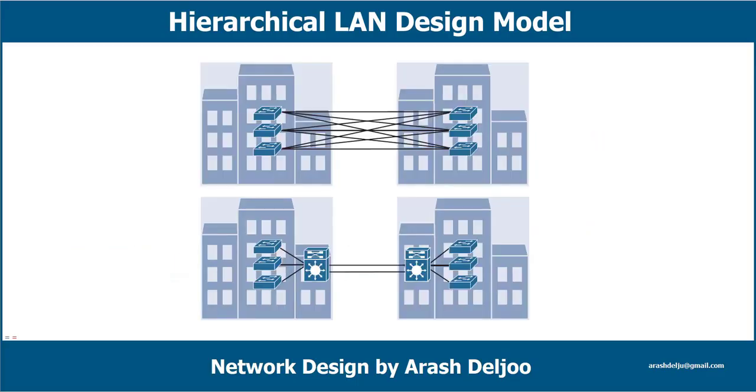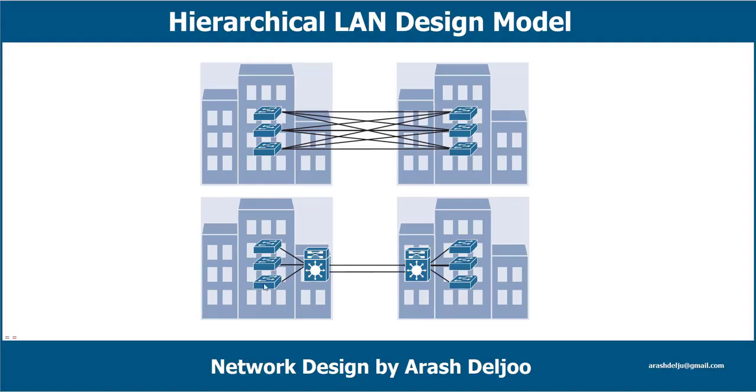One of the other functions of the distribution layer switch is reducing the number of fiber links between, for example, multiple buildings. Look at here. Assume that in the left building in this picture we have 3 switches, and also in the right building we have 3 switches. If you want to connect these switches directly to each other, you need multiple fiber links. But you can use a distribution layer switch.